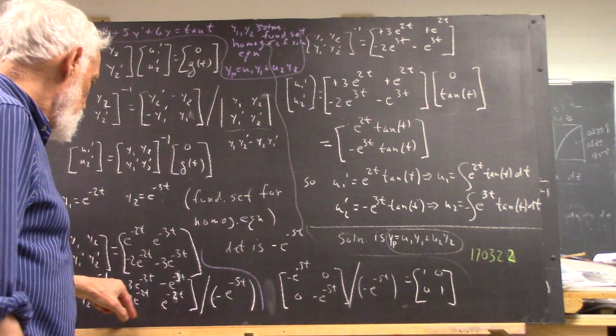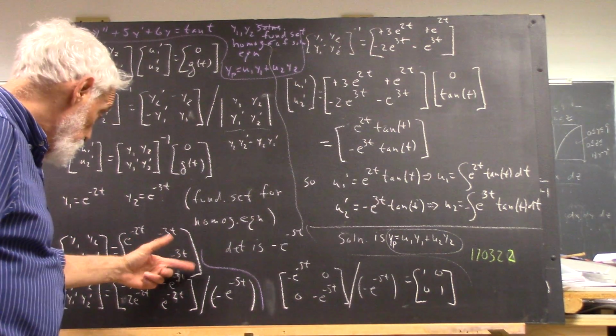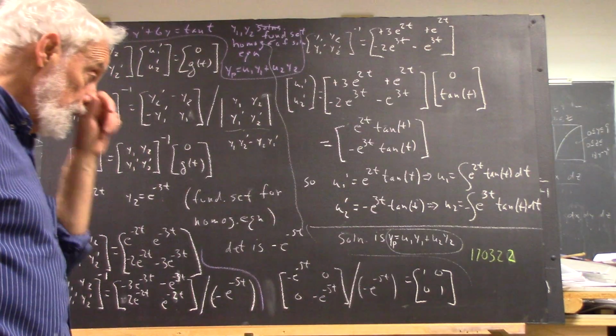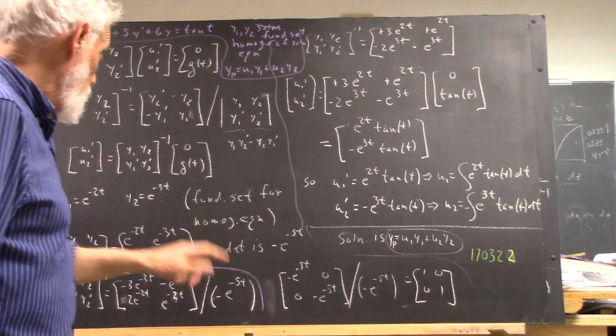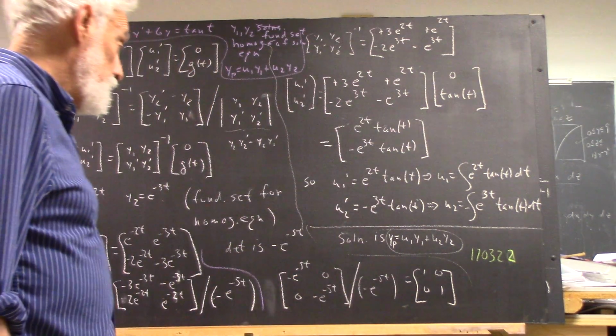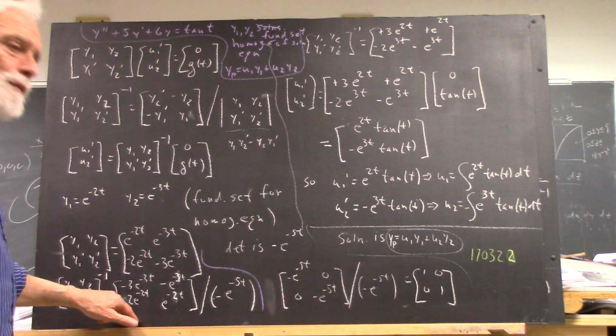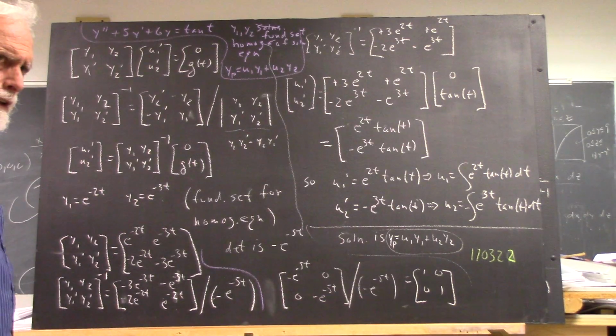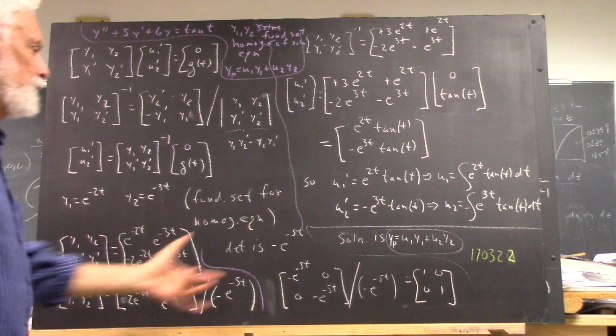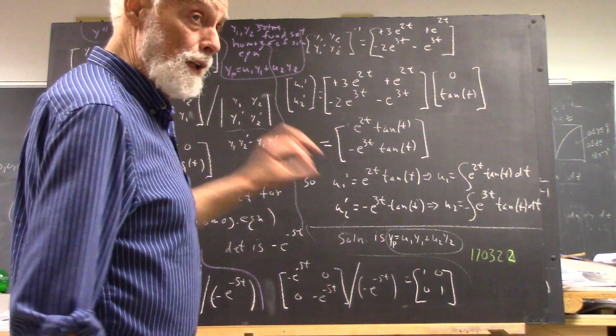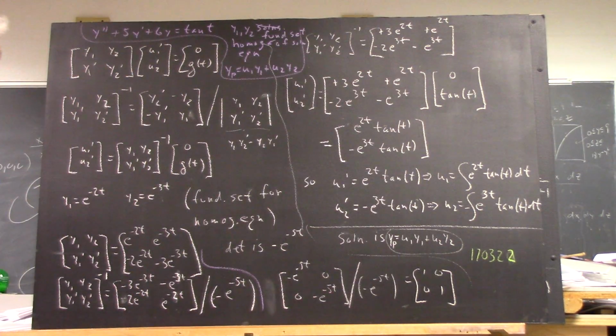This row times this column gives you 0. This row times this column gives you your negative e to the negative 5t. You divide that by the negative e to the negative 5t, and you get the identity matrix, showing that finally, after a couple of false starts, I did get a matrix that does multiply out to give us the identity, showing that this is the inverse.